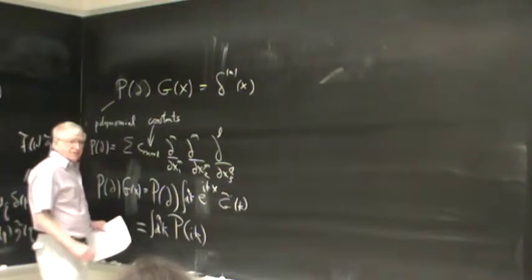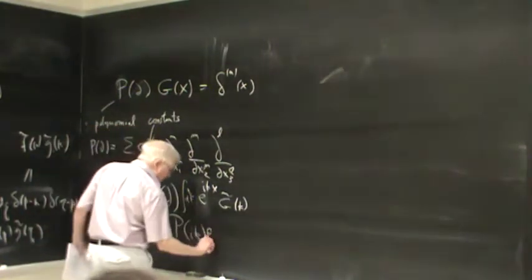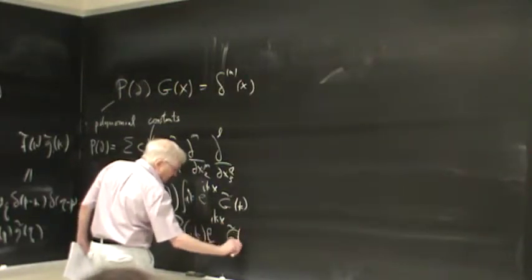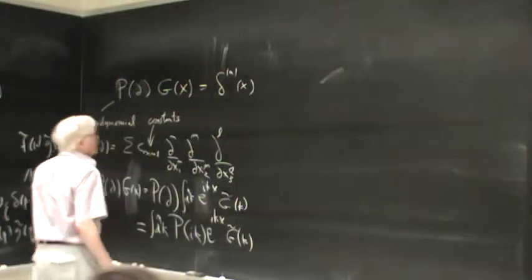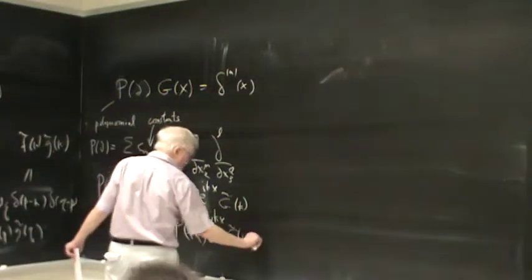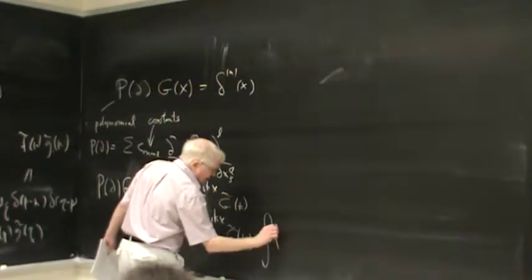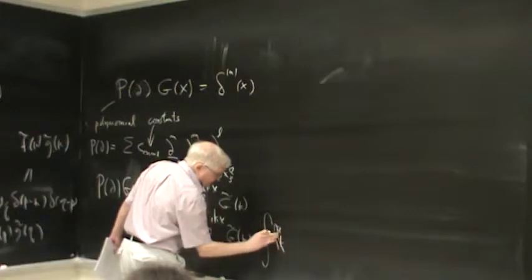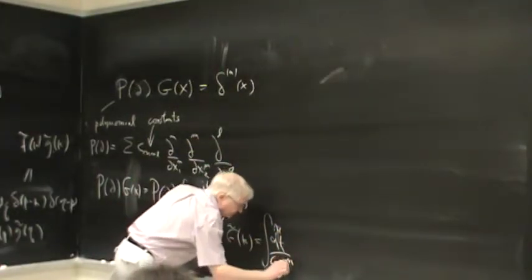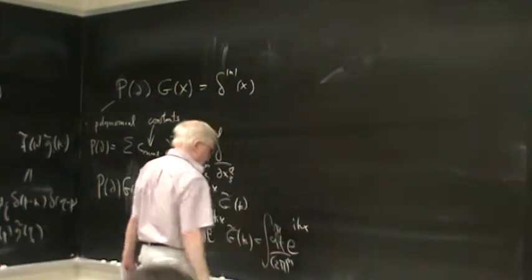So it's the same polynomial, but with the derivatives replaced by ik. e to the ikx, g tilde of k, and we want that to be the delta function, but we know that the delta function in n dimensions is d^n k over 2 pi to the n, e to the ikx.